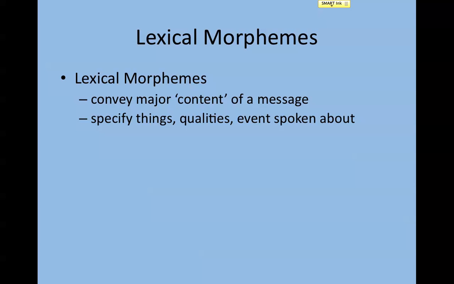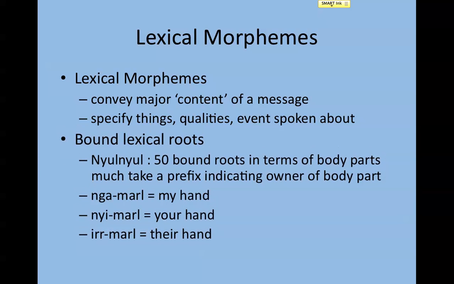And it conveys a message. When I say big, that conveys a message to you. Or run. It's describing the event, what's happening. Or girl. It's specifying the thing. So they all have messages that come along with them in the lexical morphemes.